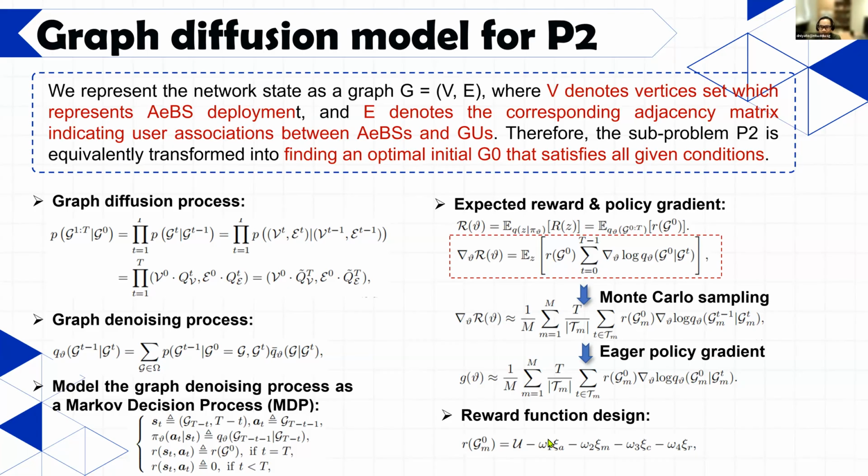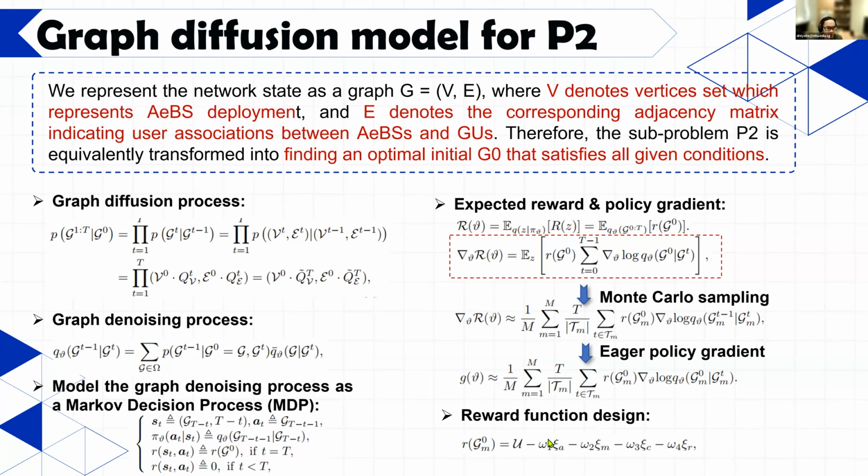Therefore, this subproblem P2 is equivalently transformed into finding an optimal initial matching G0 that satisfies the given condition. So that is how we choose the matching for the aerial base station.